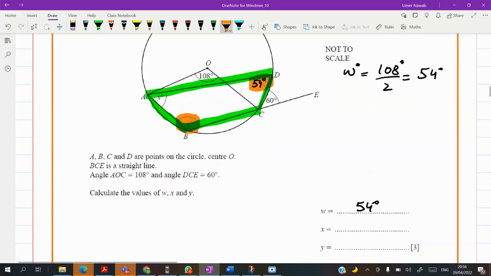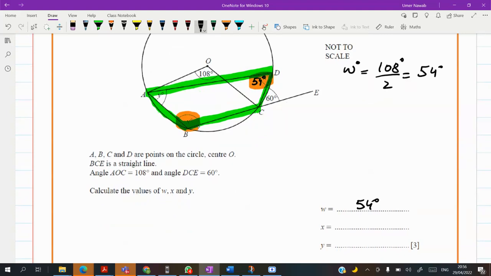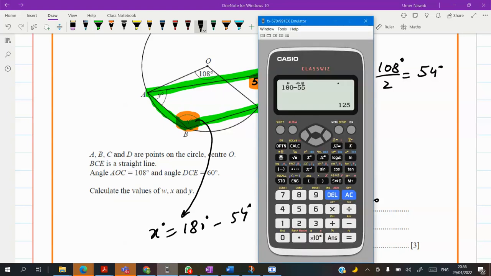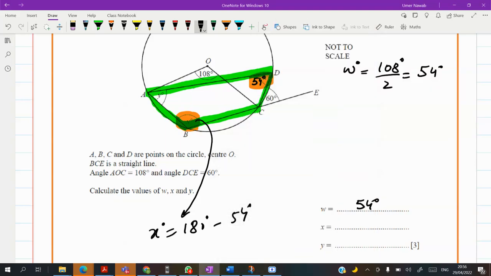We use the property of cyclic quadrilateral. The opposite angle of 54 is X, and we will write 180 minus 54. 180 minus 54 gives you 126. So 126, I'm going to write it here.